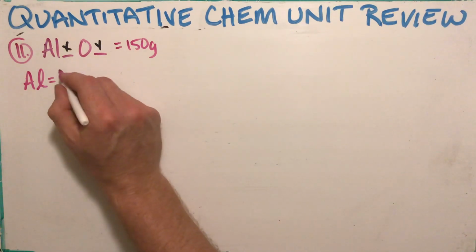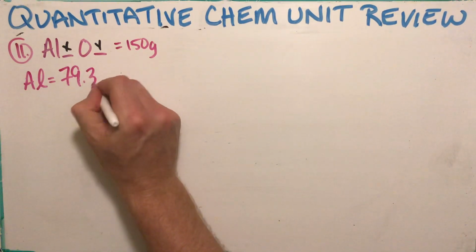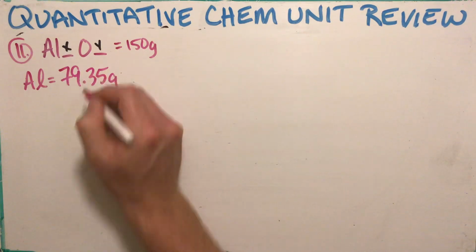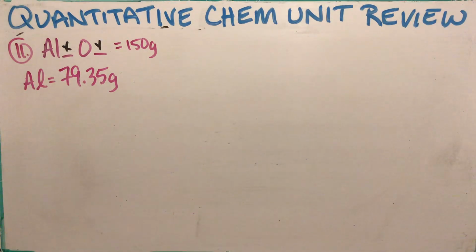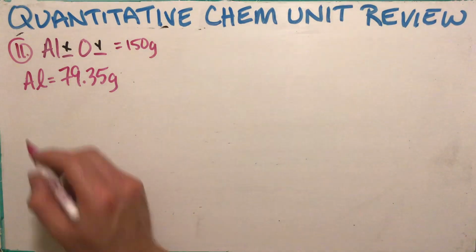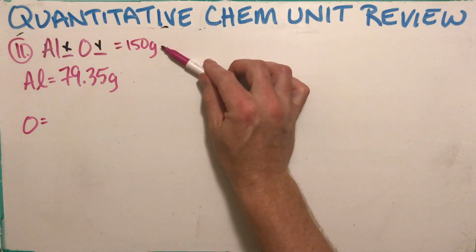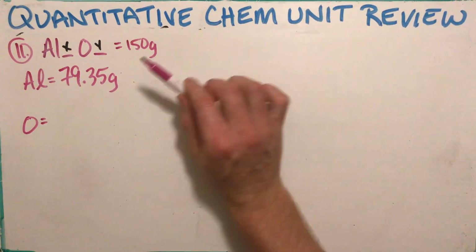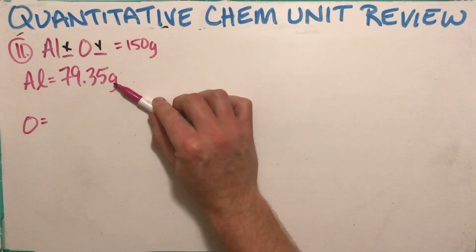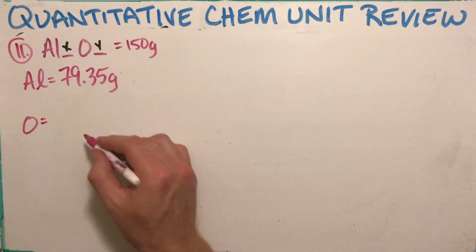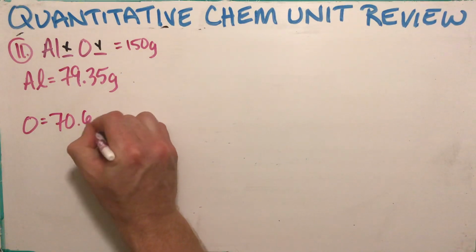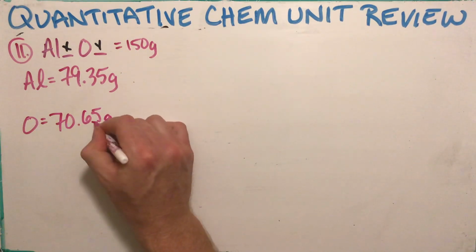The metal residue, the aluminum in this case, is left behind. The metal residue has a mass of 79.35 grams. I can figure out my oxygen. This is the Al and the O together. This is the Al, so if I take this and subtract this, I'll get the O. When I do that, it's 70.65 grams of oxygen.